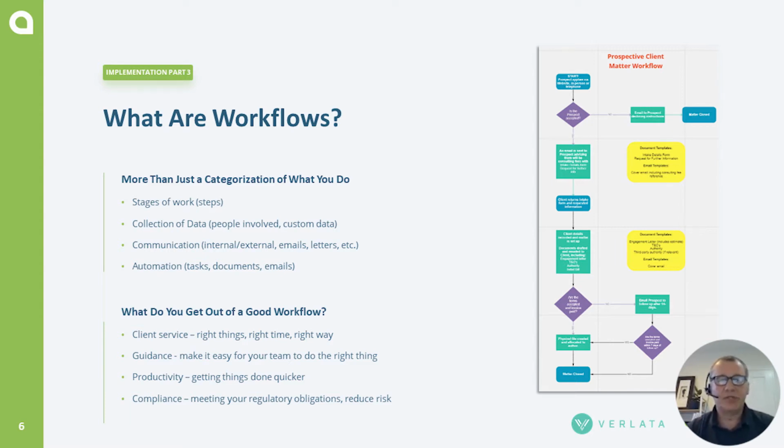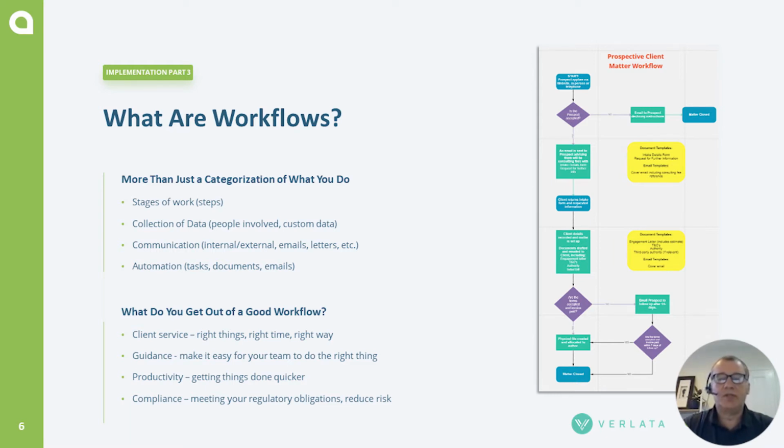As you work through those stages of work, you've got collections of data. So your workflow in Actionstep can involve custom data tables, the different people or parties that are involved in your matter. You have different communication at different stages, and that can be both internal and external.